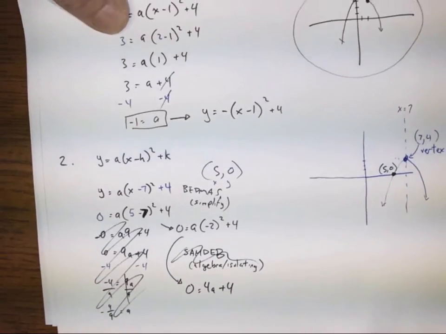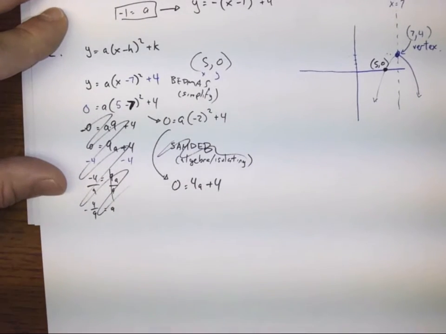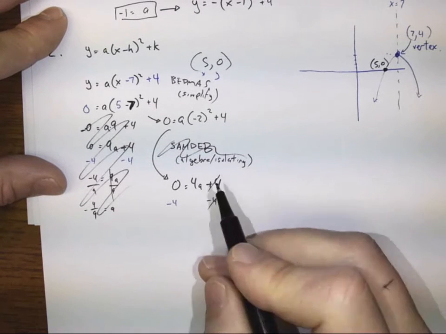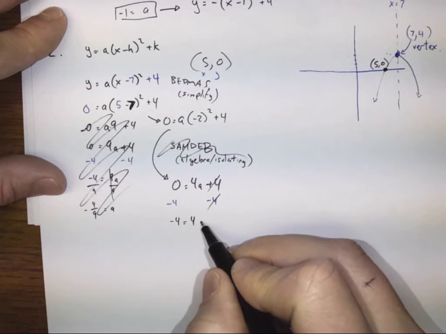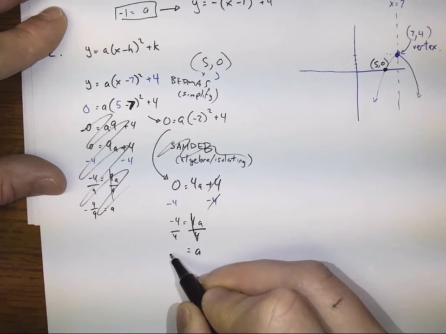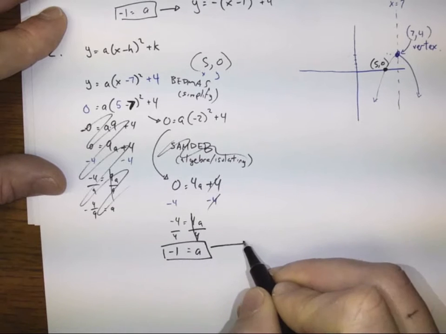Okay. Now that's looking a little better. So I'm going to take away 4 from both sides. And I get negative 4 is equal to 4a. And divide by 4. Divide by 4. And I get a is equal to negative 1.